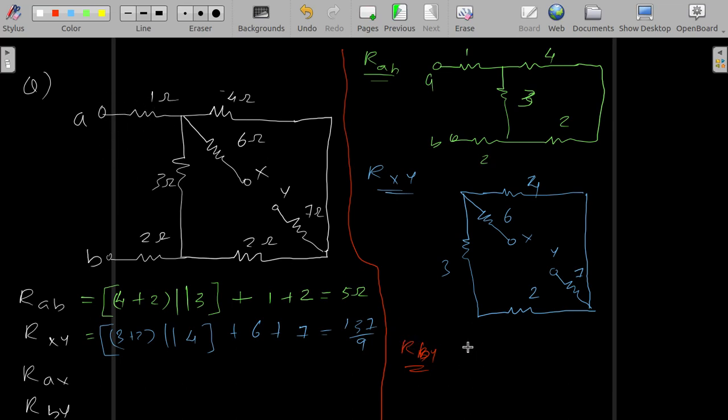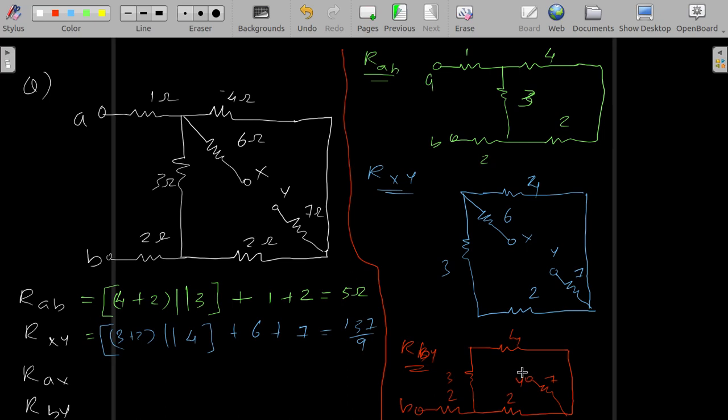So the equivalent circuit will be, so we have a 4 here, 3 here, 7 here, 2 here, 2 here, B and Y, right.